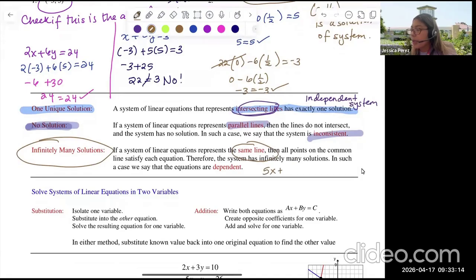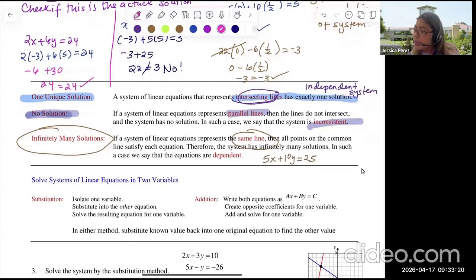Can you have that? Absolutely. If you have a system of equations and they represent the same line, maybe one is a multiple of the other. For example, 5x plus 10y is equal to 25. If I divide everything by 5, this is x plus 2y equals 5. So these two lines are the same if just one is a multiple of the other. If I multiply equation 2 by 5, you get equation 1.